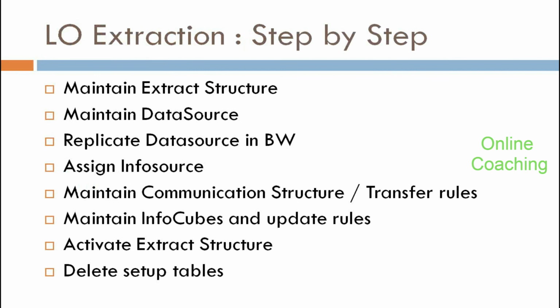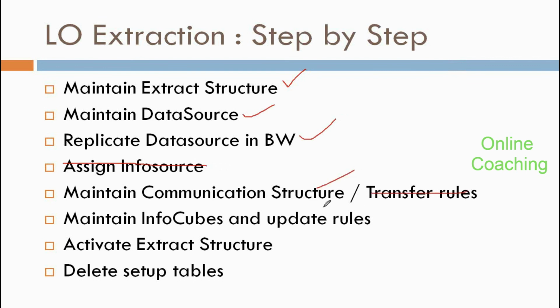What are the steps in LO-COCKPIT? Step by step. First thing is we have to maintain the extract structure: what fields you want, what fields you don't want in the data source. Then maintain the data source. Replicate data source in BW. Assign info source is a 3.5 version. Don't worry about this one. Maintain extract structure, communication structure, transfer rule.